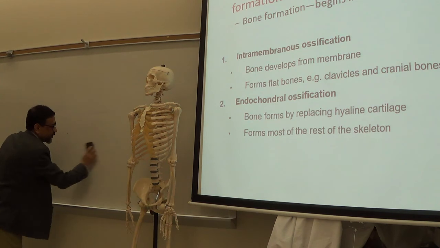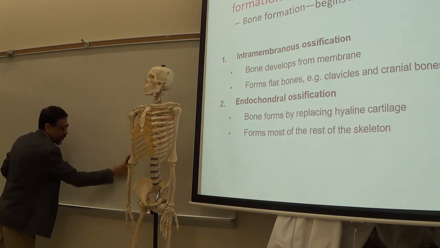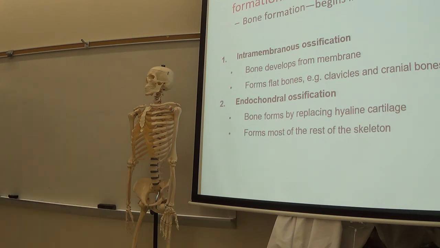First, this is important. I may ask you to explain and draw the steps of endochondral ossification. How a bone is formed from cartilage. So let's first draw a cartilage.